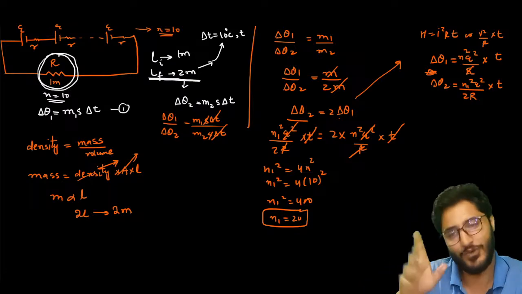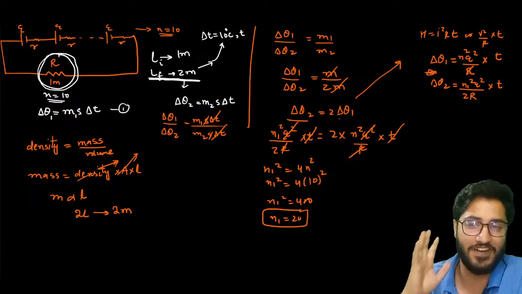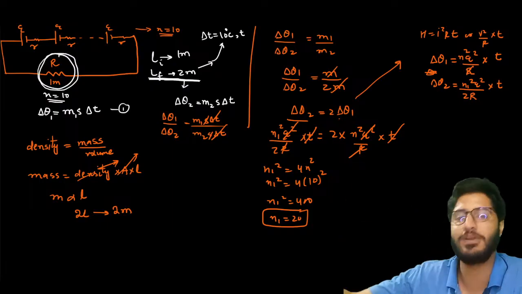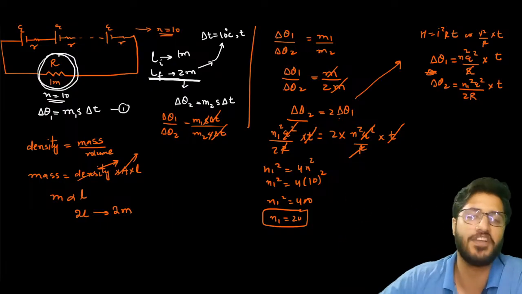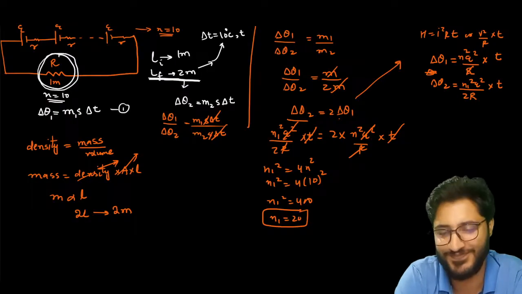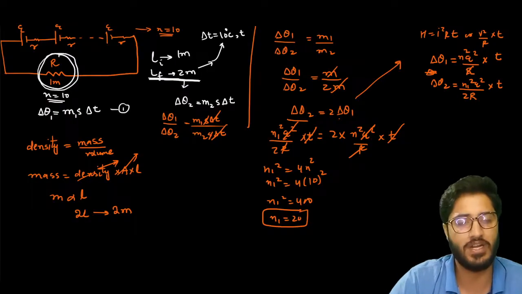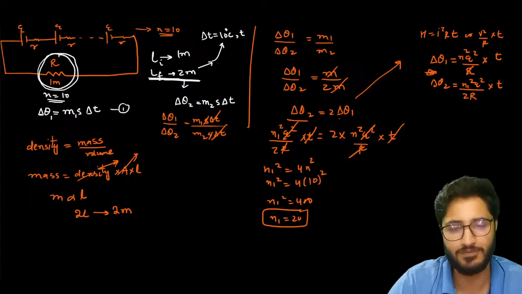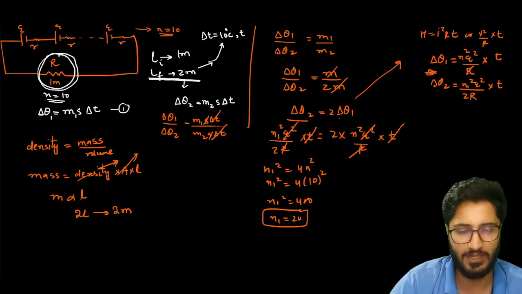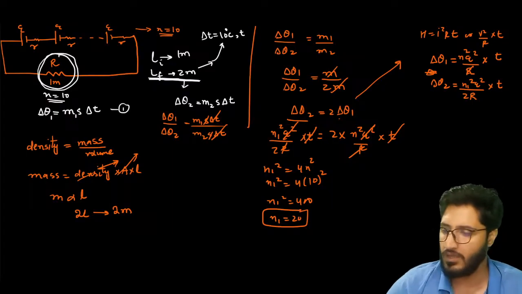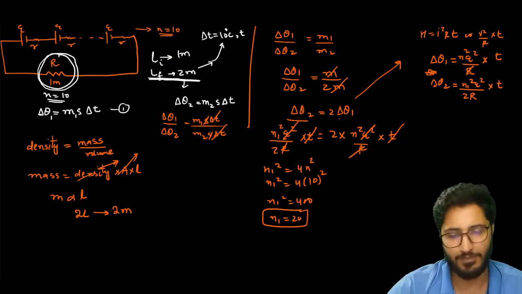Okay. Good numerical, no? I guess this is something different, no? We are just manipulating values from 11th thermal physics to the electric current also. If you have any doubt regarding this one, you can just let me know right now. If you have any doubts about this one, you can just let me know.